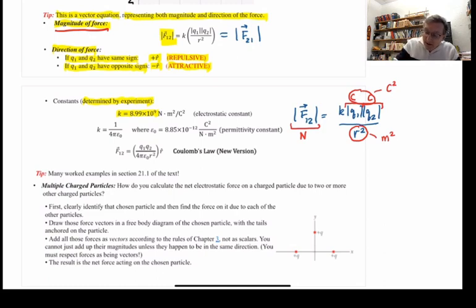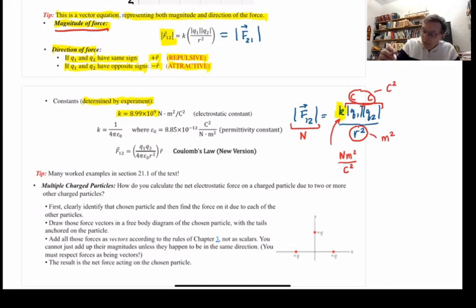So for the units of the constant k, I've given you the number, but what are the units? The units of k have to be such that k times q1 times q2 over r squared has units of newtons, because it's got to represent a force. So the units of k have to be newton times meter squared over coulomb squared.